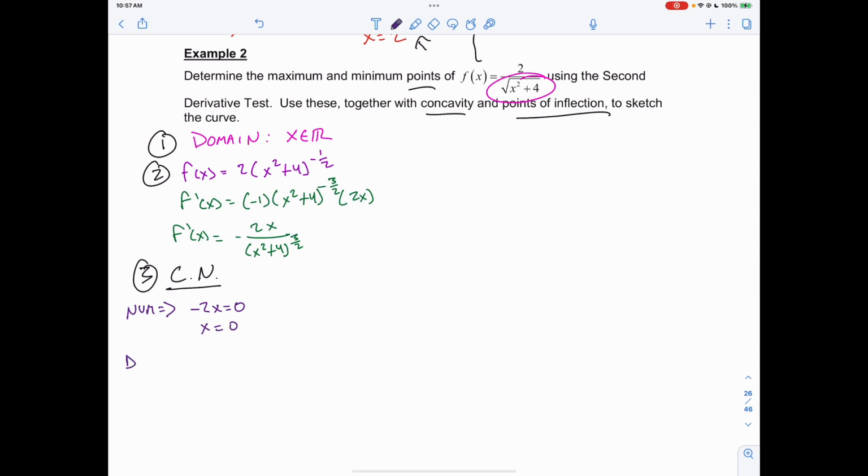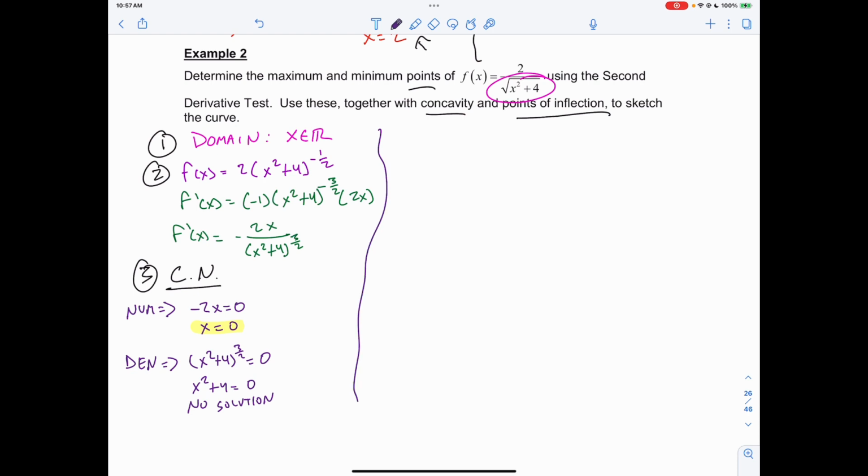I'm going to pull from the denominator and say that if x squared plus 4 to the power of 3/2 is equal to 0, then x squared plus 4 would equal 0, and in this case there's no solution. Which means I only have the one critical number at x is equal to 0.